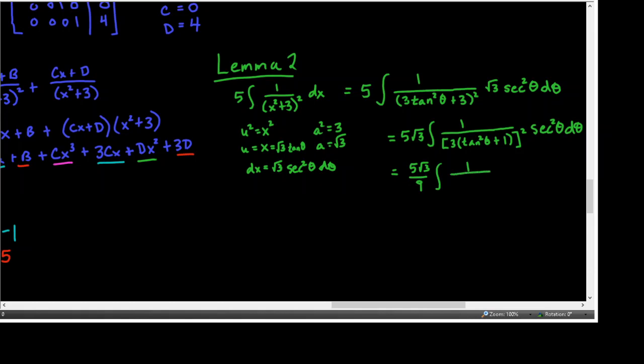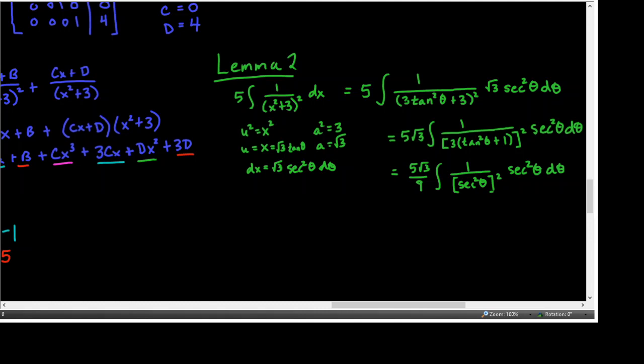That would leave me with tangent squared plus 1, which is the same thing as secant squared theta, quantity squared, times secant squared theta d theta.